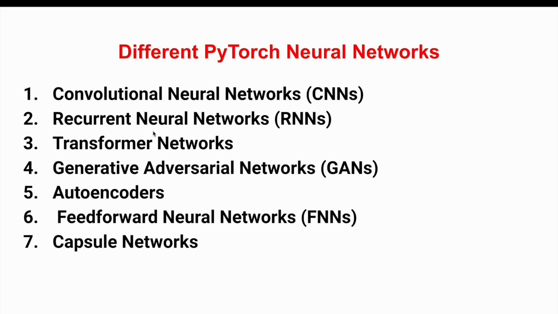Then we have the recurrent neural networks, also called RNNs. Then we have the transformer networks, the generative adversarial networks, also called GANs, the autoencoders, the feed-forward neural networks, also called FNNs, and then the capsule networks. I'll touch on each very briefly as we go.